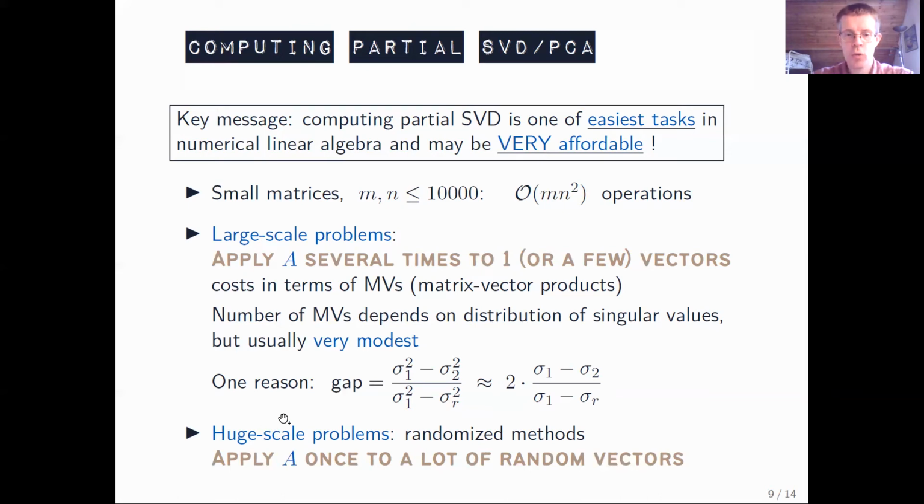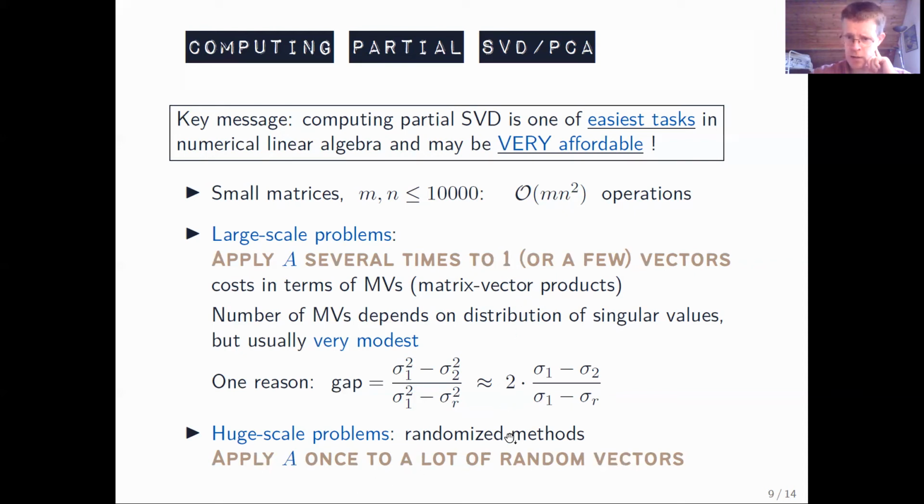Just some words about huge scale problems. Here you can think of situations where the data matrix is so large that, for instance, storing it on a hard disk or in RAM is already a problem. What people then do is, for instance, apply A just once on a lot of random vectors.